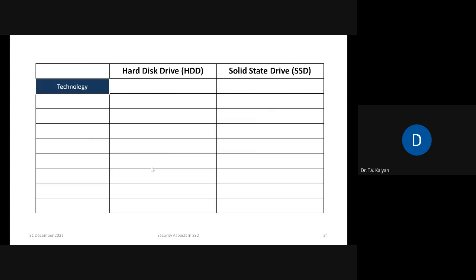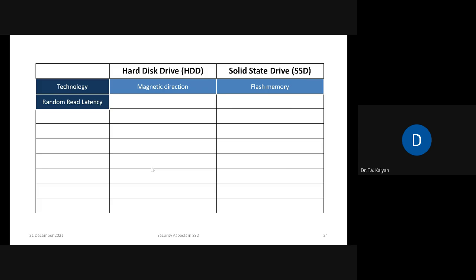A quick tabular form here. When compared to the hard disks, which are based on magnetic polarity, SSDs are based on flash cells. The random read latency, as you can see, is at least 10 times faster.